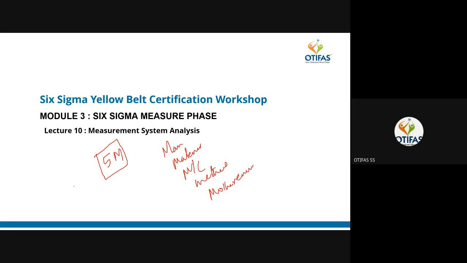Now there is also something called 6M. Same 5M plus one more M. Can you tell me what is that M? We will add one more M into this and it becomes 6 M's. Any idea? Just look at the slide.